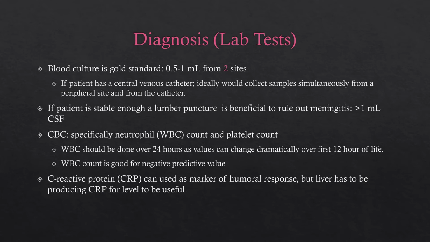So if that's looking to be high, then we should start to be somewhat concerned. And we may see a lot of these kids have low WBCs because they have a limited amount, and that will go low. So you may see high neutrophils and then a low amount because they've exhausted that fighting this infection.